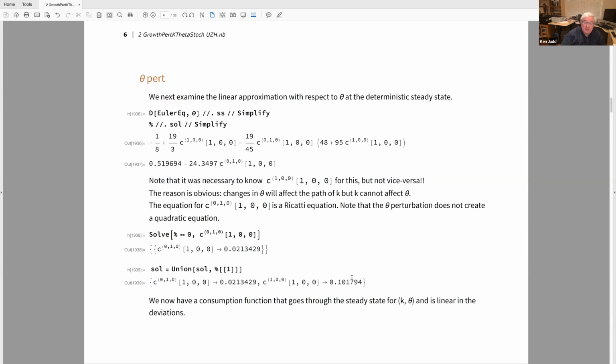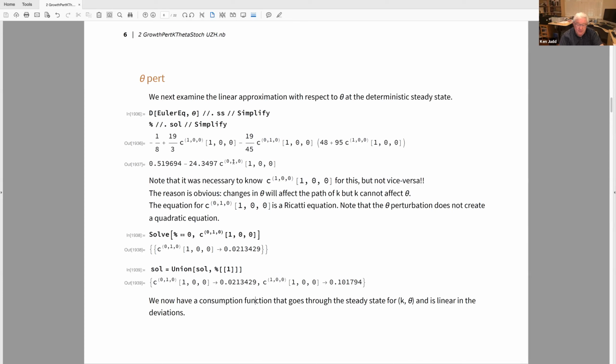Now let's do the same thing with theta. Let's perturb the Euler equation with respect to theta and solve it out. And what we see is we end up with a linear equation in the derivative of the consumption function with respect to theta.